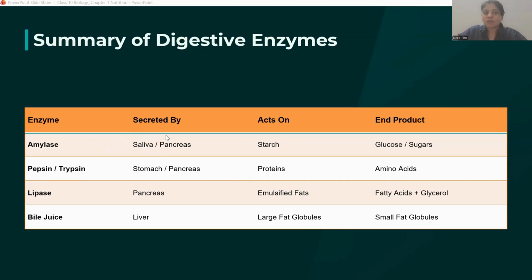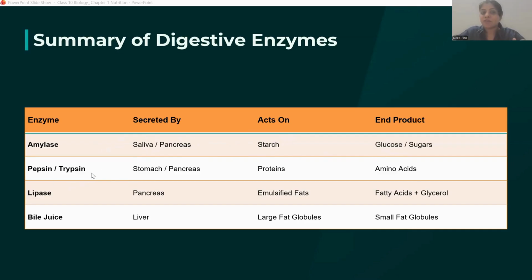Amylase is also secreted in saliva, and the pancreatic juice also contains amylase, which works on the starch. The end product, the simpler form, is glucose. It works on starch, which is a complex food material, and simplifies it into glucose or sugar.